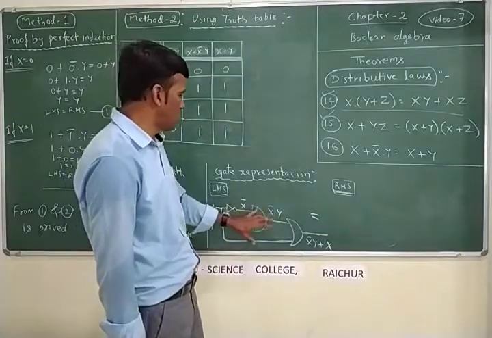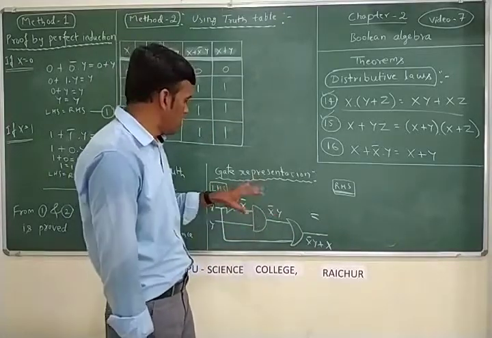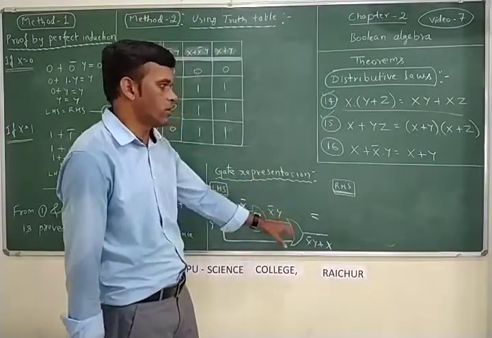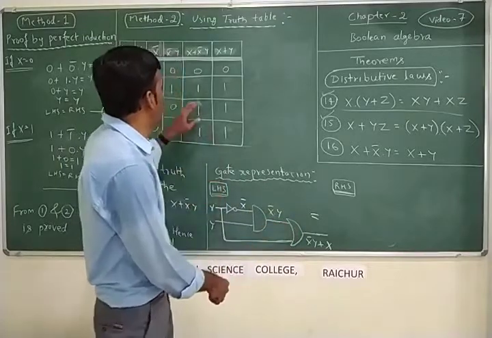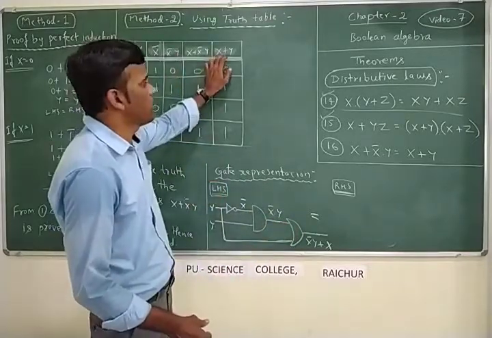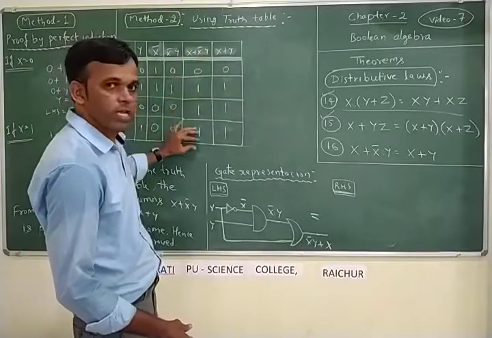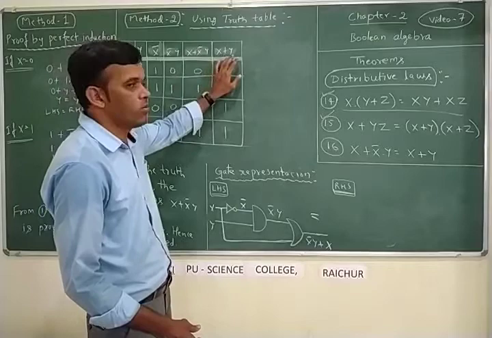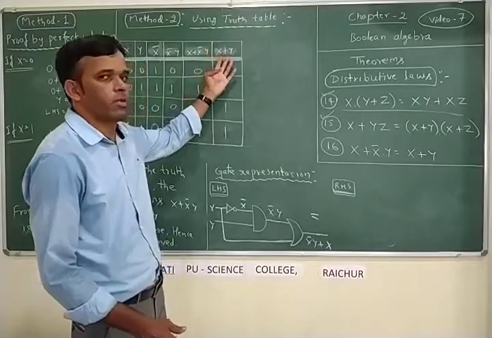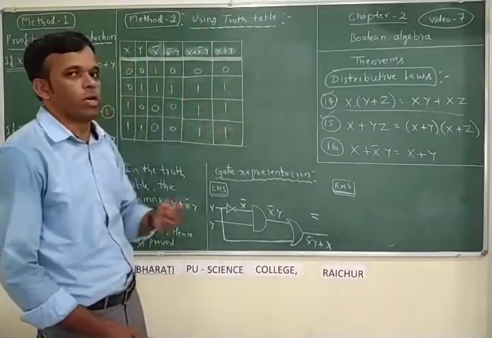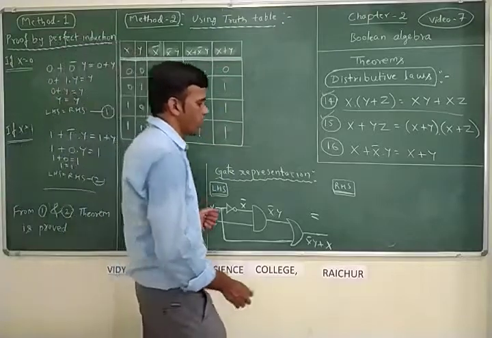So this circuit construction having three gates, NOT, AND and OR, it is giving the same value as for the x plus y. Okay, x plus x bar y is giving the same values, whatever the values we are getting for this operation x plus y. So for this one OR gate x plus y.